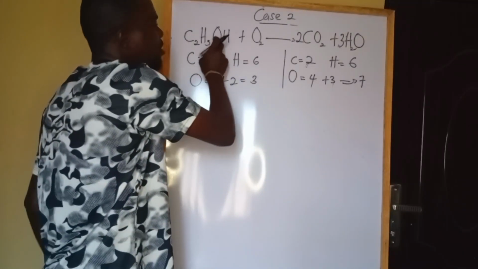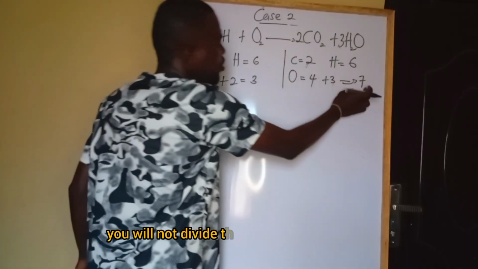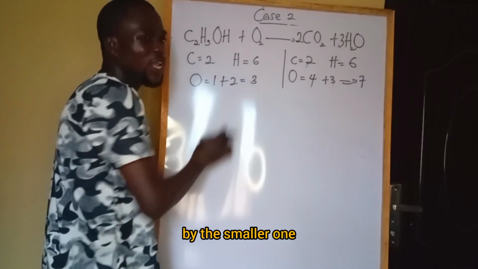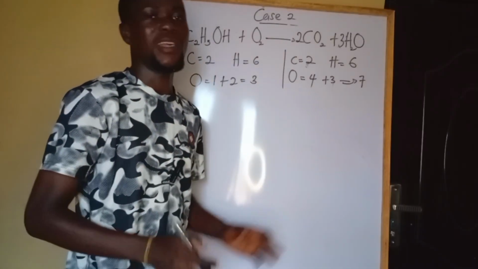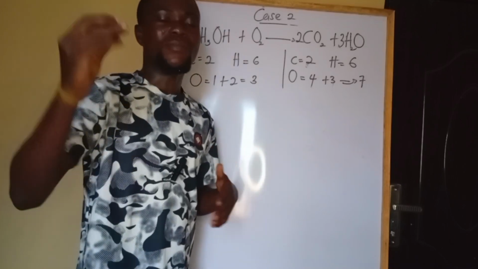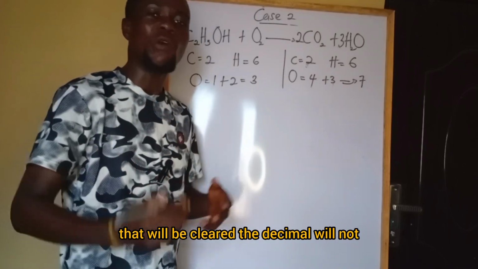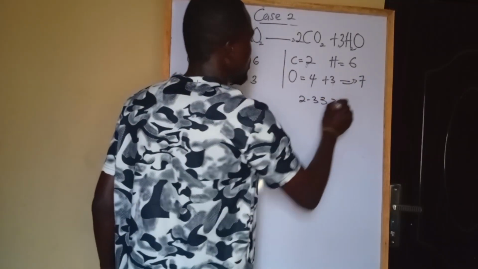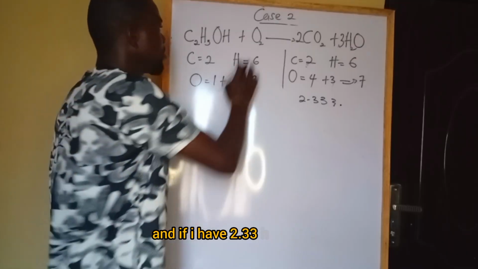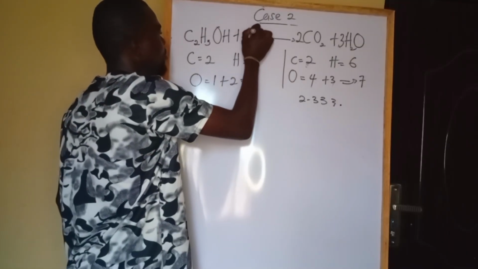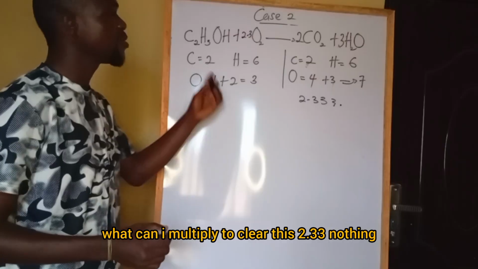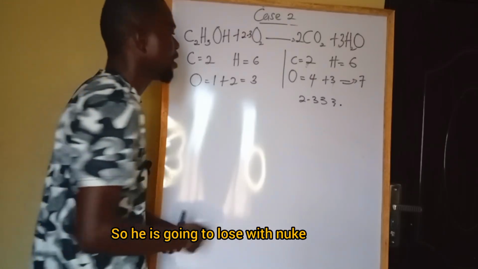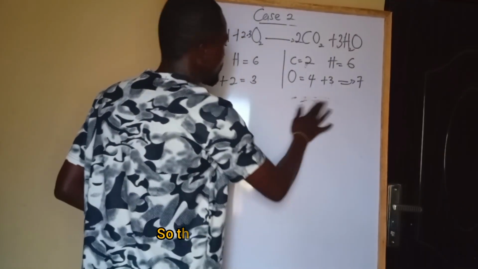So anytime you have oxygen atoms here, you will not divide the greater oxygen number by the smaller one, because you are not going to get a decimal that will be cleared. 7 divided by 3 will give me 2.3333. And if I have 2.3 here, what can I multiply to clear this 2.3? Nothing. So it's going to look laborious. Do you get now? So this is what we need to do.